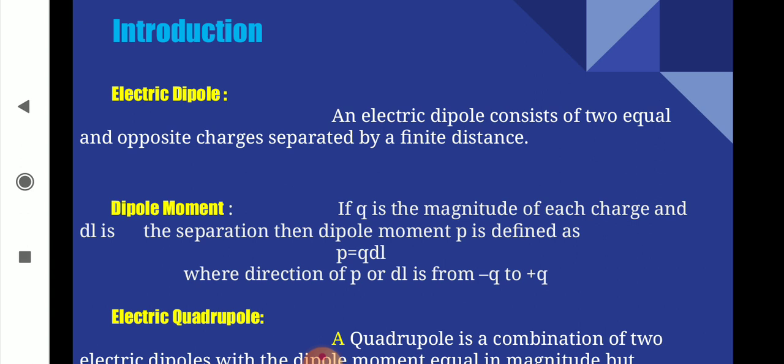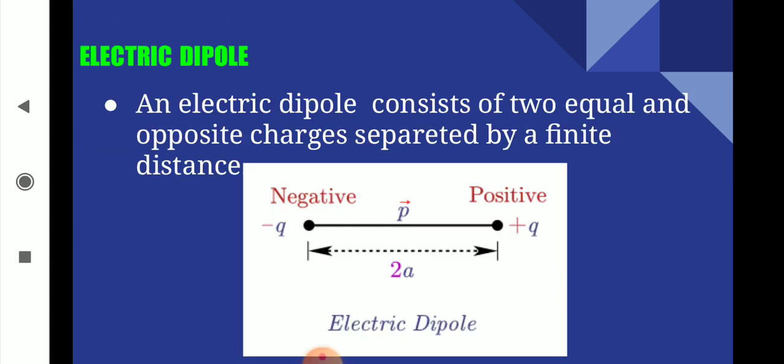Electric quadrupole. What is electric quadrupole? A quadrupole is a combination of two electric dipoles with the dipole moment equal in magnitude but opposite in direction. An electric dipole consists of two equal and opposite charges separated by a finite distance.